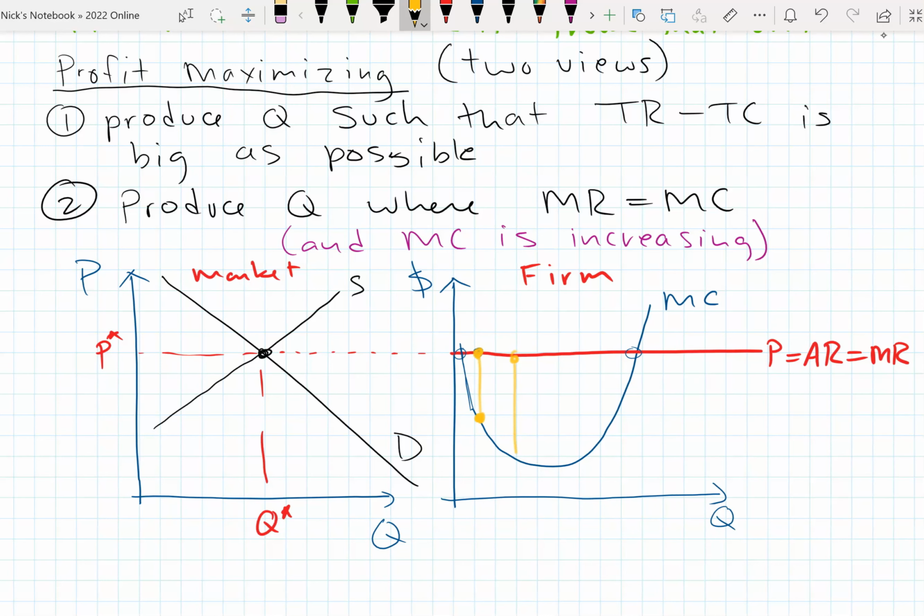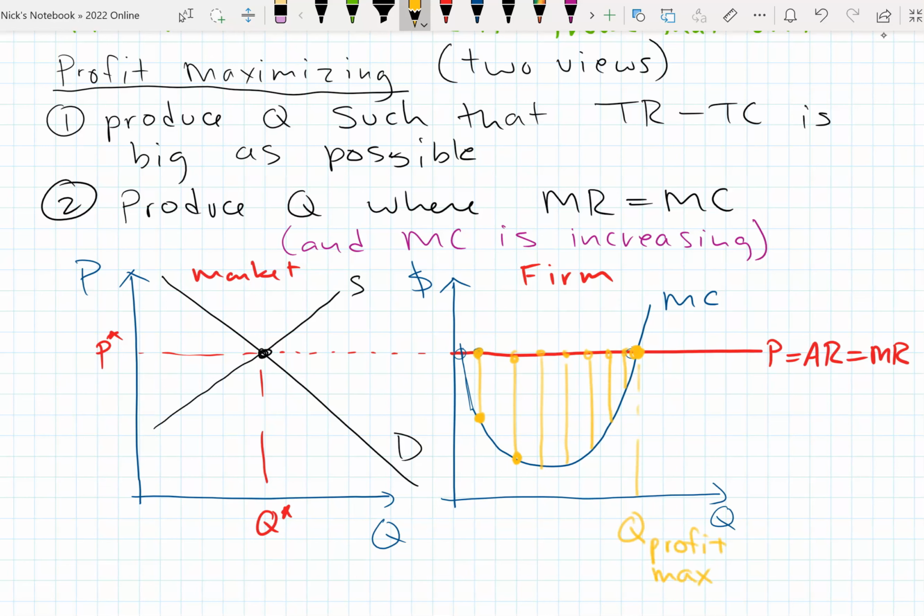And so on. All of this part in between, each of these points represents a gain to profit. Where they cross is where we stop getting that gain. So this one is the quantity for profit max.